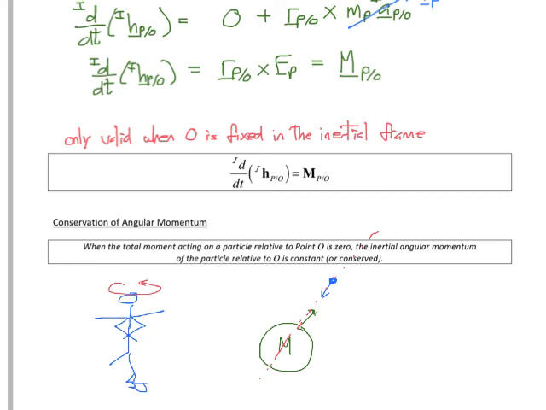So you can see that there's no moment being caused to create this orbital motion. In orbital motion, we have a conservation of angular momentum, even though the velocity is changing as the satellite rotates around the larger mass. We'll deal with that a couple of topics in the future.